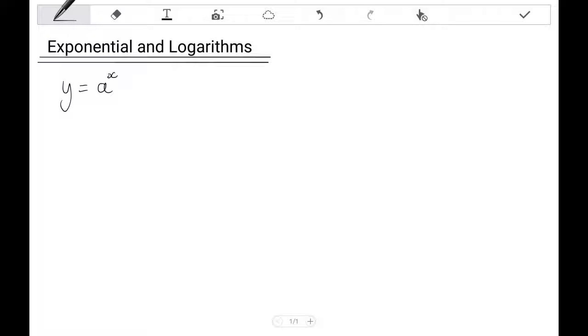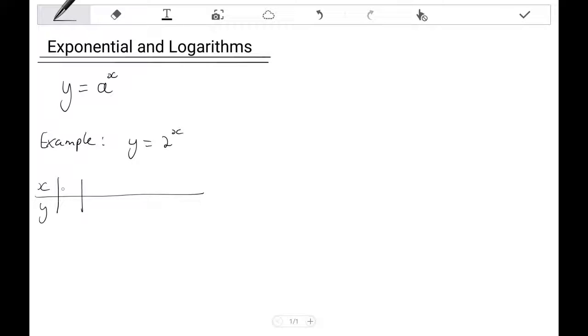As I said, we need to be able to sketch the graph for this, so we're going to look at an example. We're going to start by looking at the example of y equals 2 to the power of x. And we're going to sketch this graph. I'm going to do that by just plotting a few values. So we're going to say x and y.